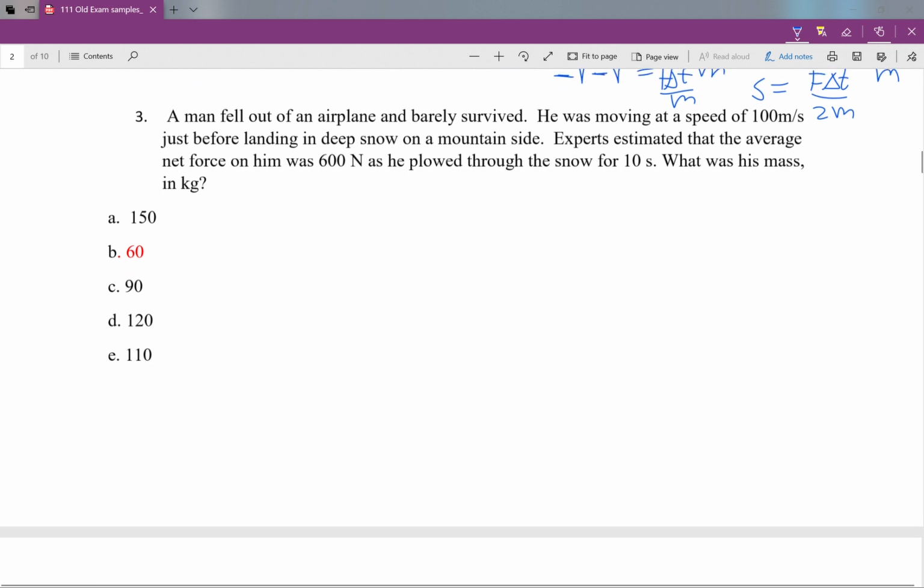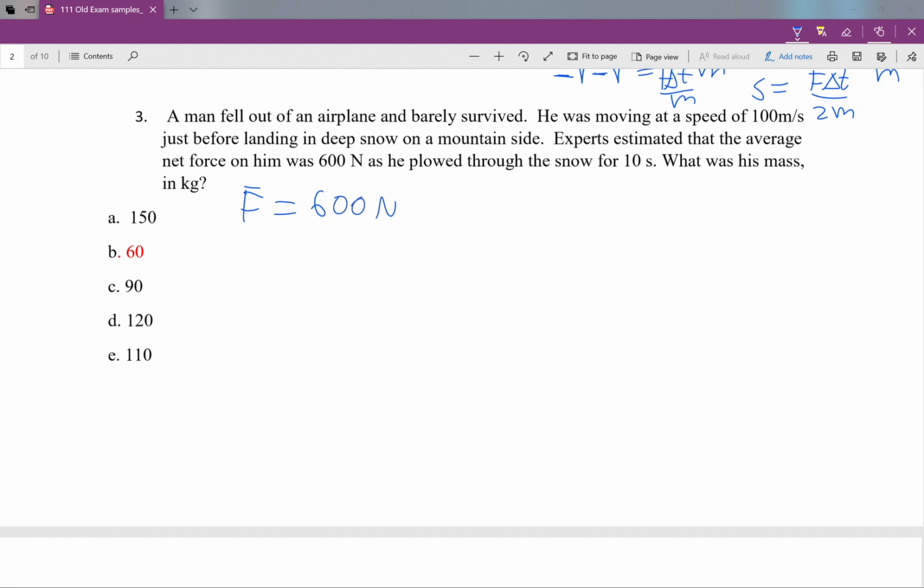A man fell out of an airplane and barely survived. He was moving at a speed of 100 meters per second just before landing in deep snow on a mountainside. Experts estimated that the average net force, F bar, on him was 600 newtons.